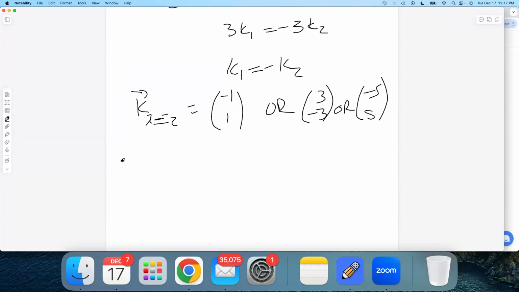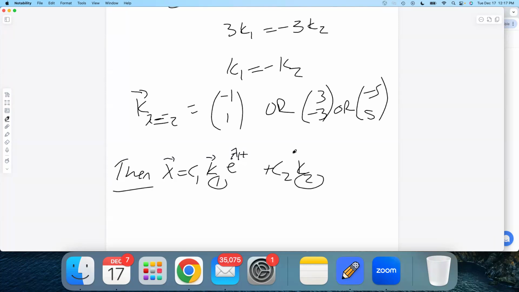Okay, then, now that we've got all that, my general solution, I'll write this again, has the form C1, my first eigenvector, e to the first eigenvalue t, plus C2, the second eigenvector, e to the second eigenvalue t.